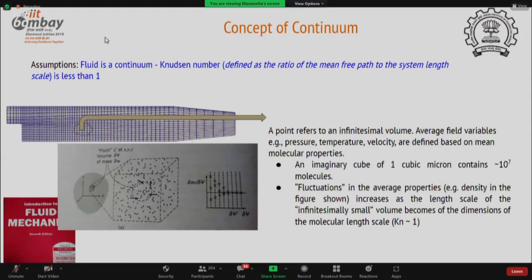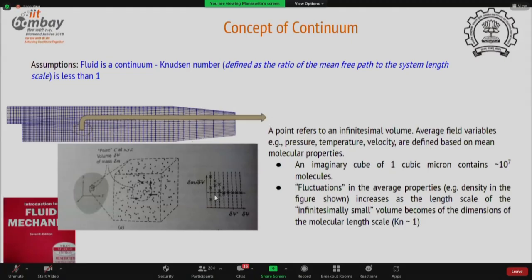And how else can we see this? Suppose when we measure the properties, we had a sensor probe of the size of the mean free path, then we would see the fluctuations which are seen here.